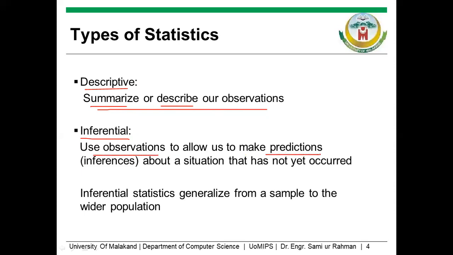Inferential statistics is related to prediction on the basis of our observations. These predictions are also called inferences, and prediction is inferencing about a situation that has not yet occurred. When we say that we do prediction, this means that we guess a situation that hasn't yet occurred. This is done in inferential statistics.